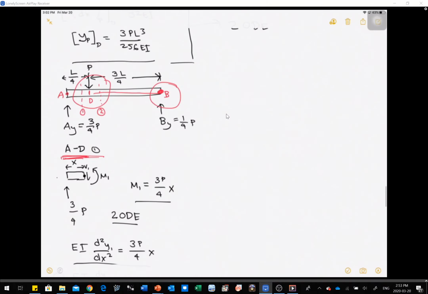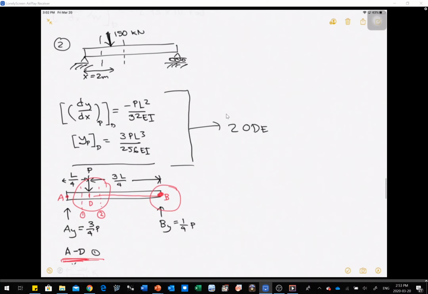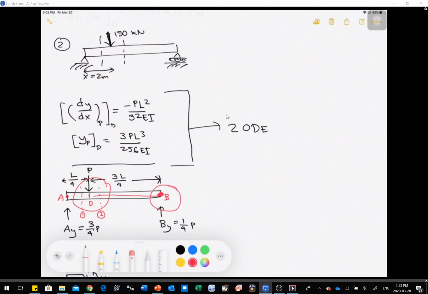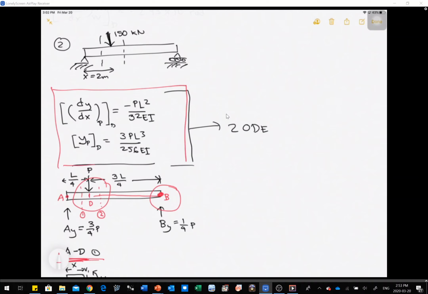Now I just showed you how to calculate those. And then you will eventually get this right here. I just showed you how to calculate this one, but this must be covered from our previous topic, which is a second order differential equation.